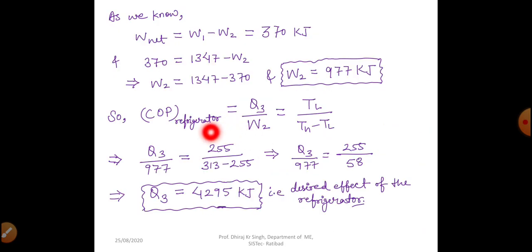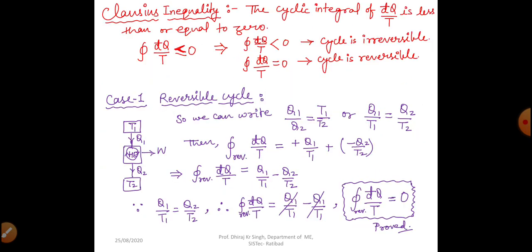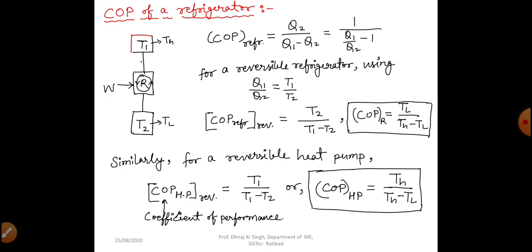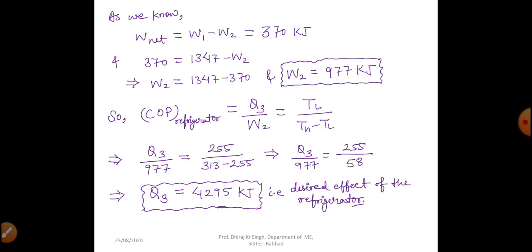We can also write it using the formula we derived earlier for COP of refrigerator: Q2 by Q1 minus Q2, which finally is T lower divided by T higher minus T lower. We can apply that formula here.